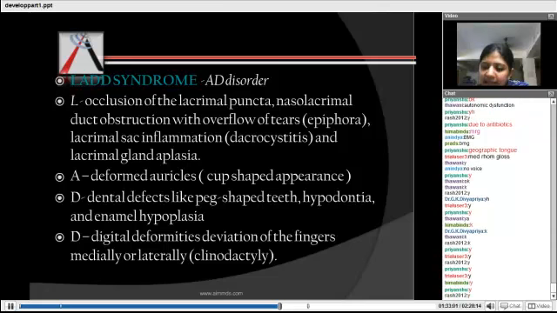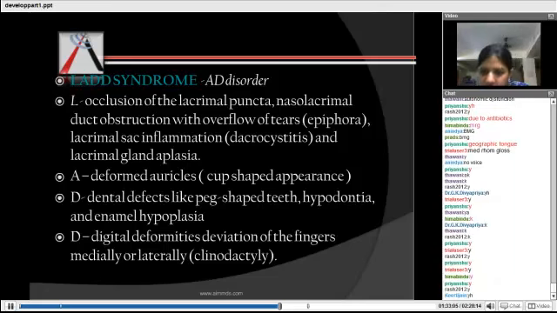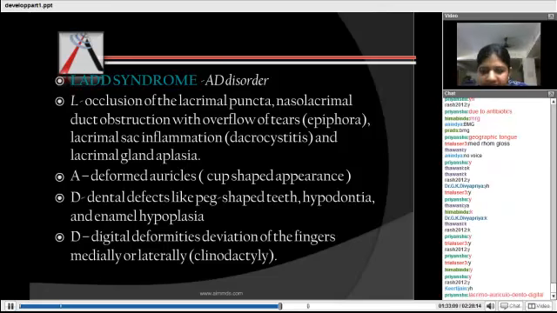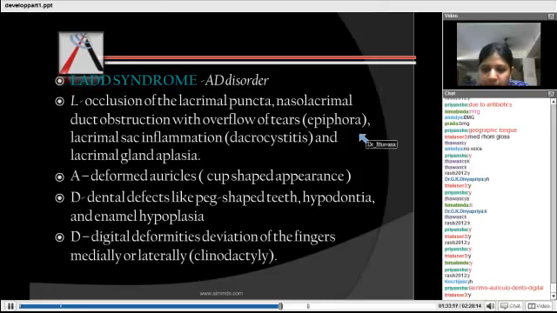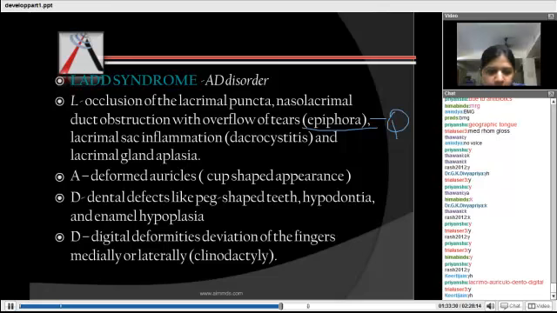L stands for lacrimal apparatus, A stands for auricular defect, D stands for dental defects, and one more D stands for digital defects. Can you all follow me on this? In the lacrimal apparatus, what do you have? It's affecting the nasolacrimal duct, so there is epiphora. Epiphora is a new term for you, an important one again. Epiphora means excess of tears, overflow of tears. Overflow of tears is epiphora.